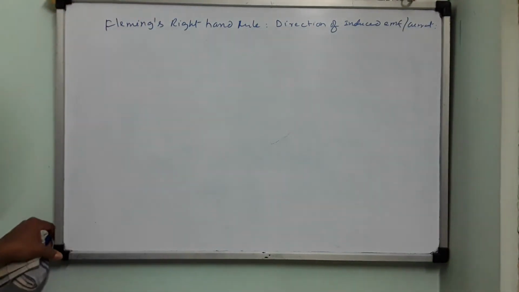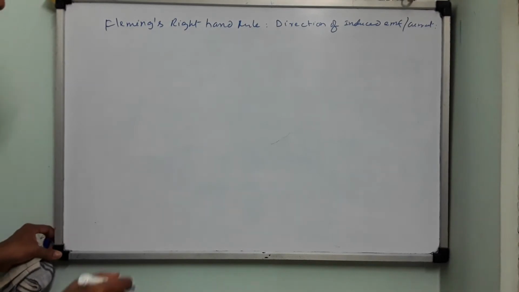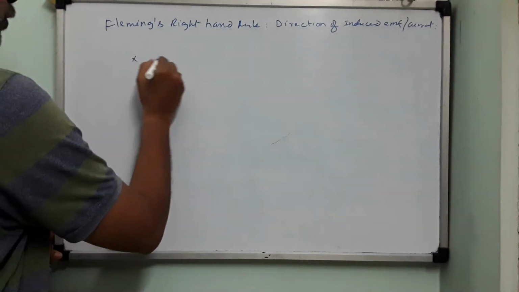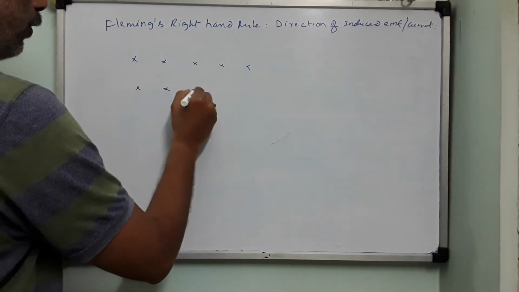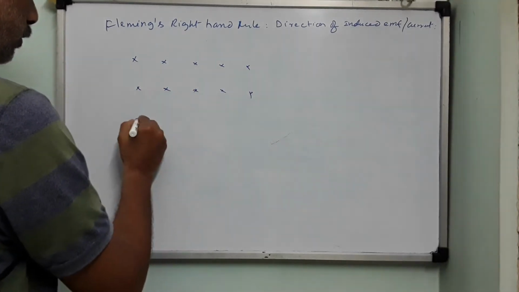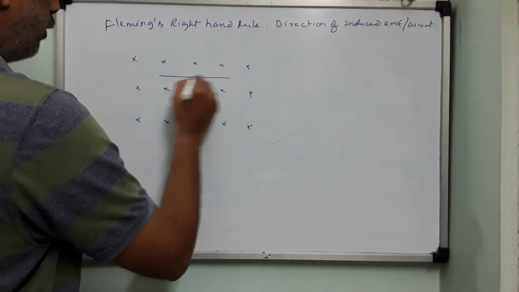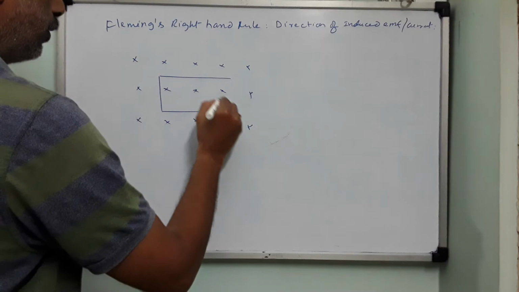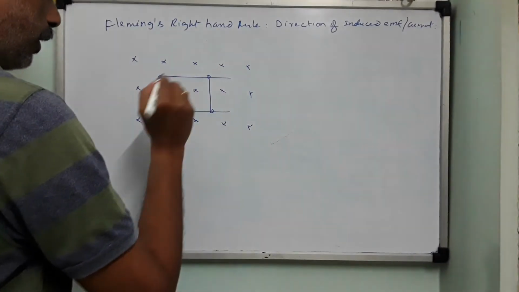Right, so let us refer to yesterday's diagram. We produced a uniform magnetic field normally into the plane of the board, like this. We had a metallic frame over which there was a sliding side.